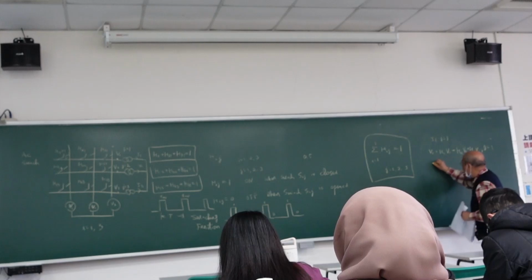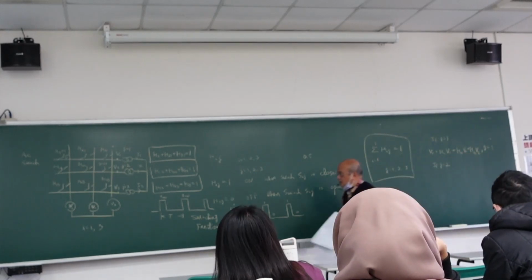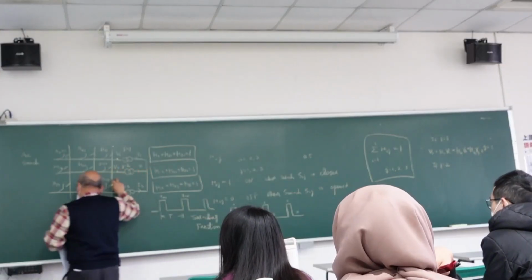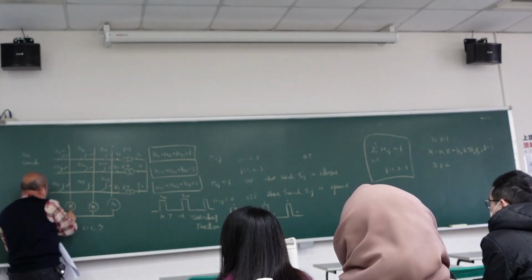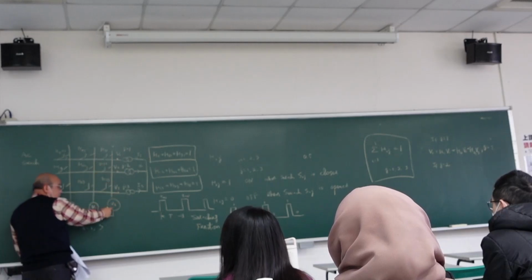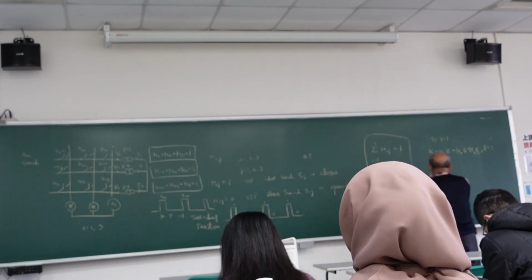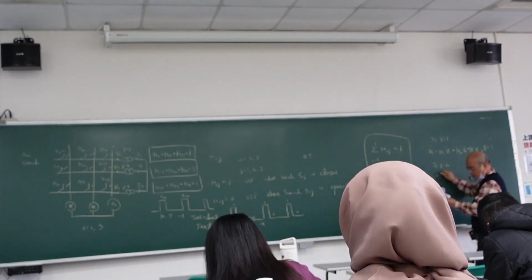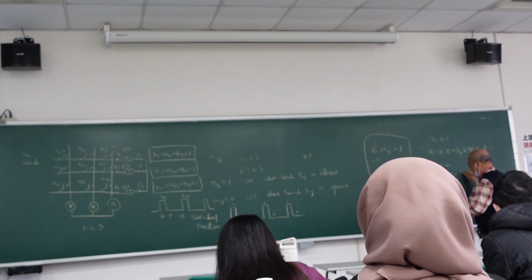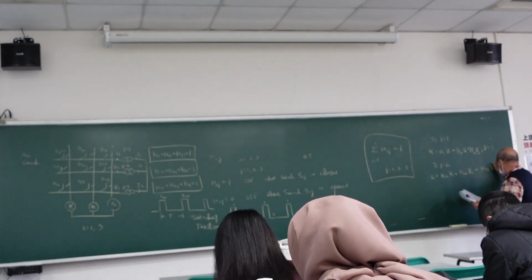Okay? So if J equal to 2, we consider this line, this voltage, then it is equal to H12 V1 plus H22 V2 plus H32 V3, the same principle. So we can write down the output voltage is H12 V1, H22 V2, H32 V3.